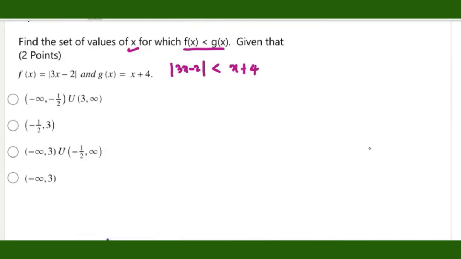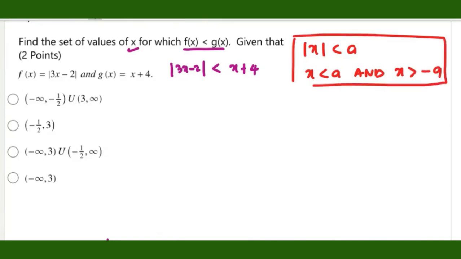Still remember how to define a modulus function? When we are to define modulus of x less than a, then we should have x less than a and x more than negative a.